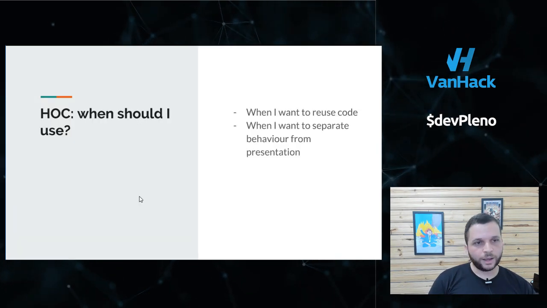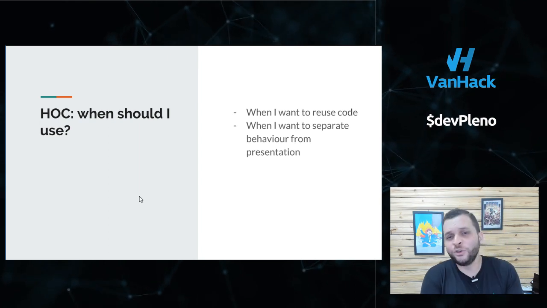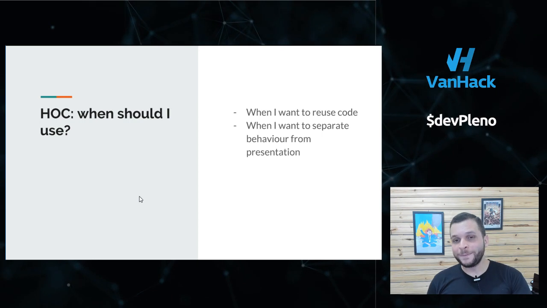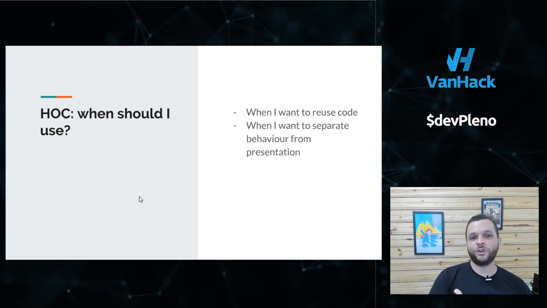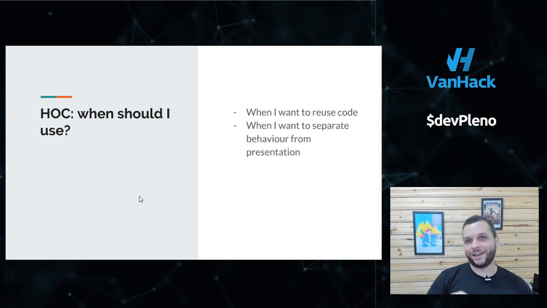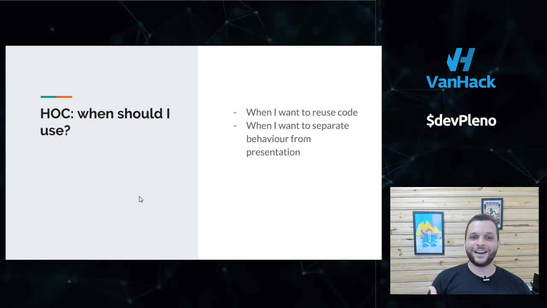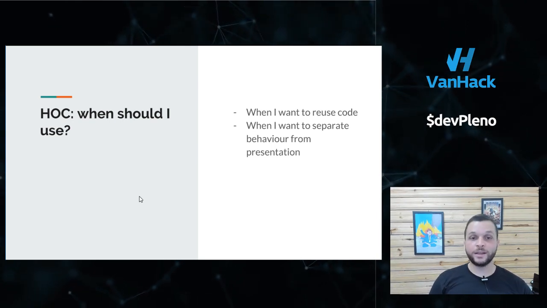So when should I use it? When I want to reuse code, when for some reason I thought that I need to use extends, for example, it's a good signal that we need to use a higher order component.